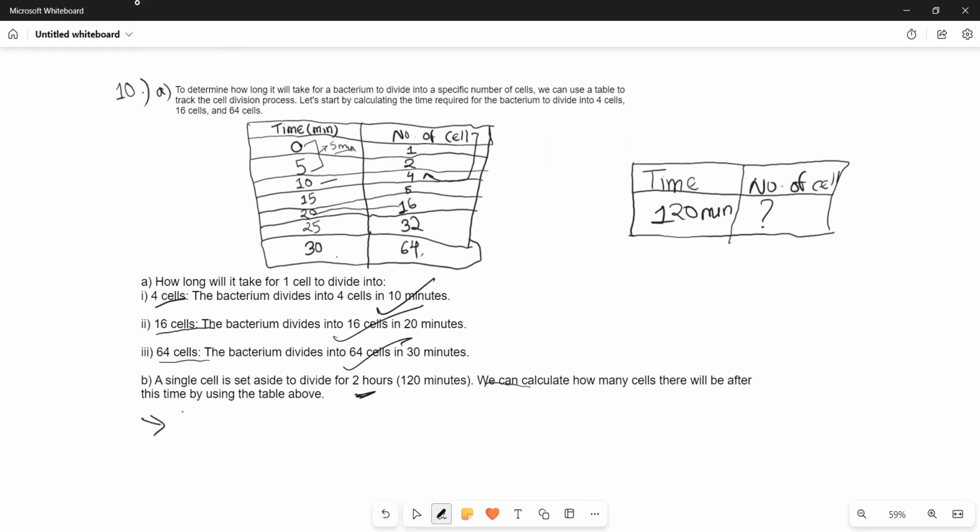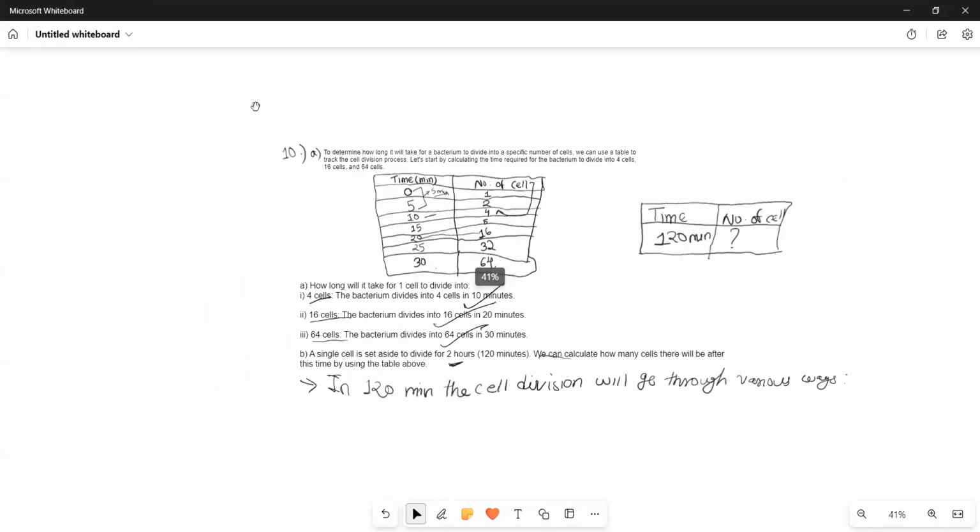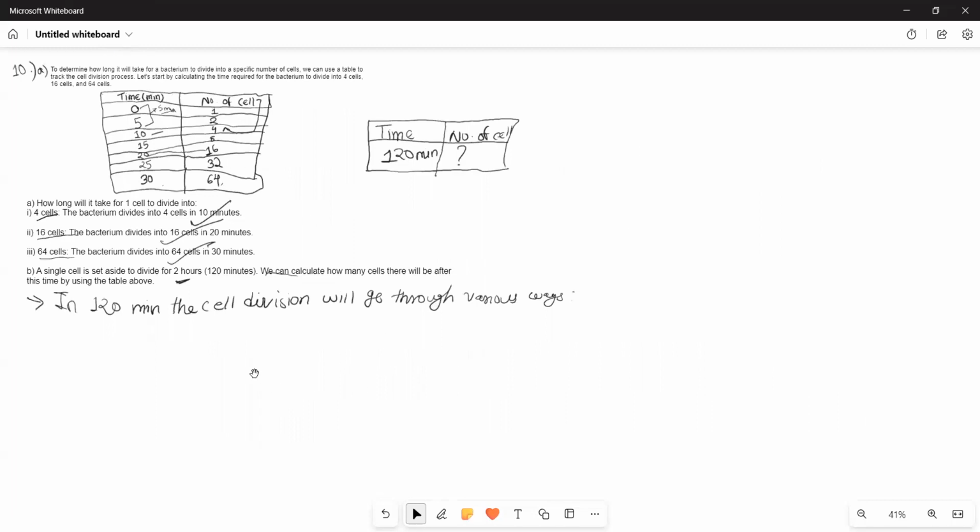Now look at here. In 120 minutes, the cell division will go through various ways. Okay.